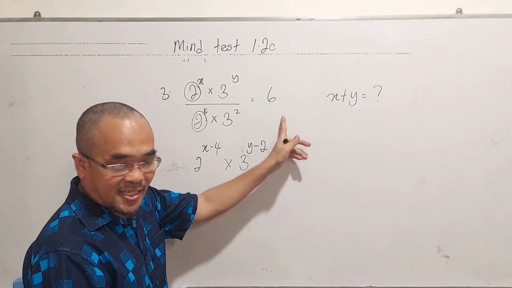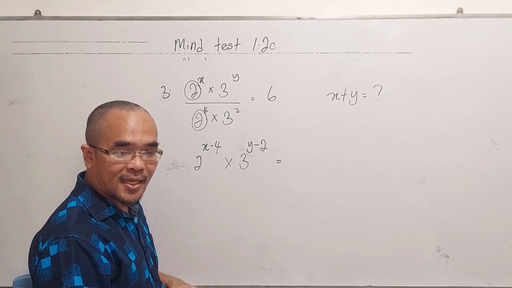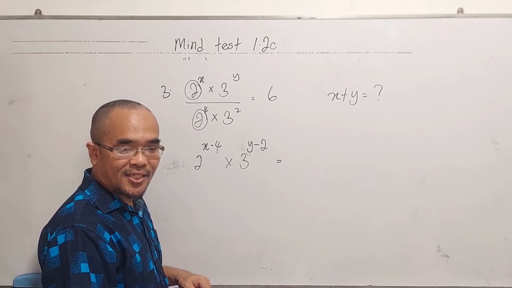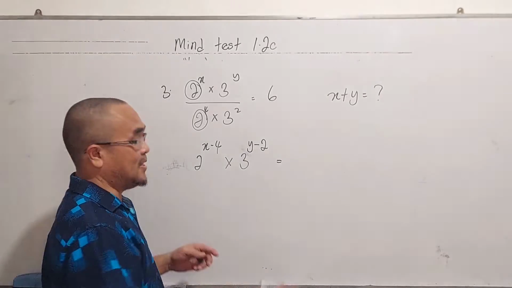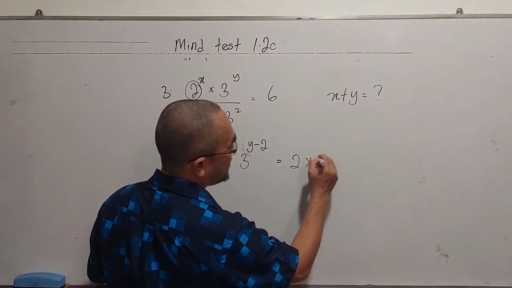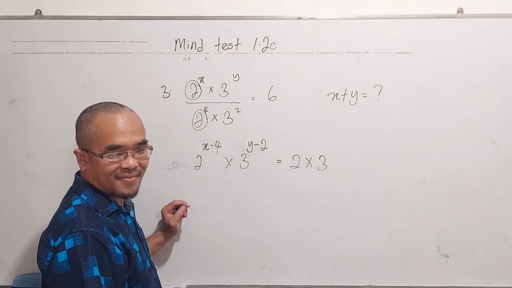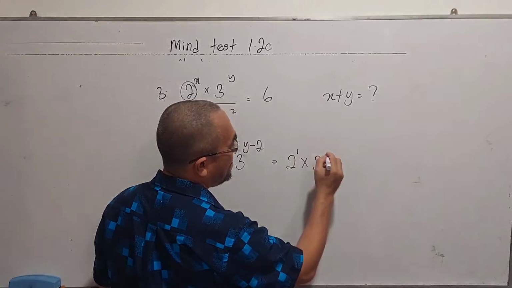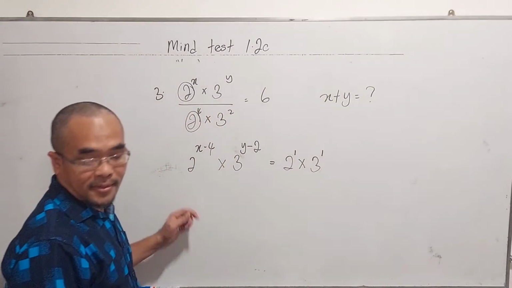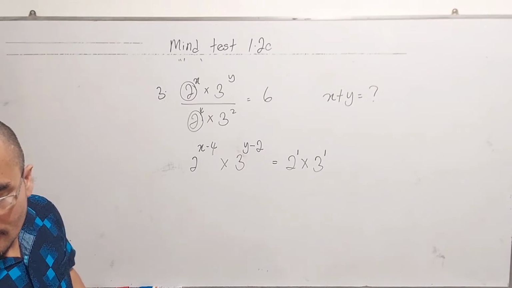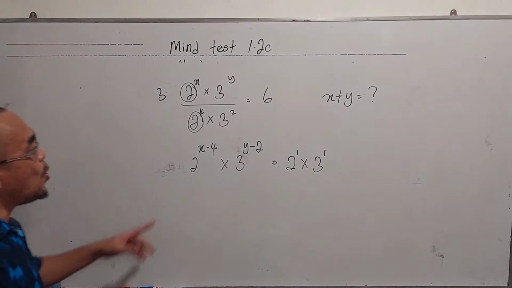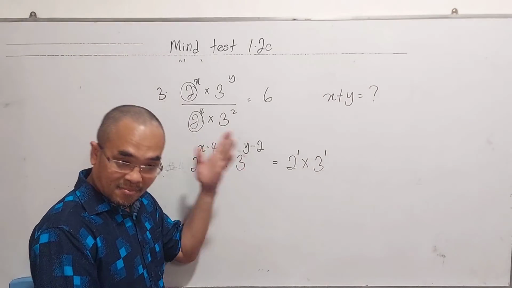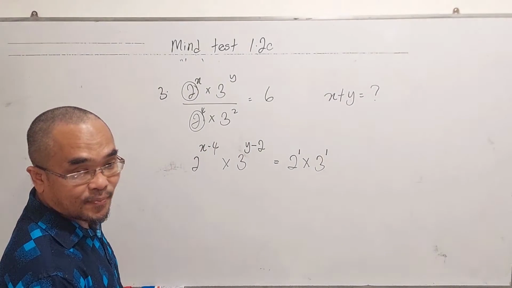Could you change the 6 to base of 2 and 3? Change that 6 to base of 2 and 3. It is 2 times 3. So the index will be 1. Then, in order to know what is x and what is y, compare the index.